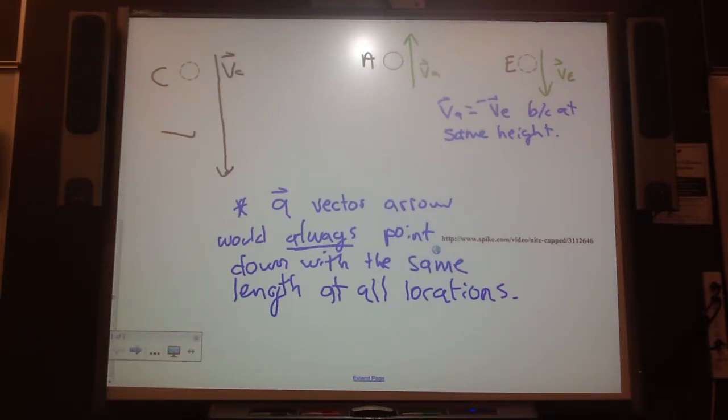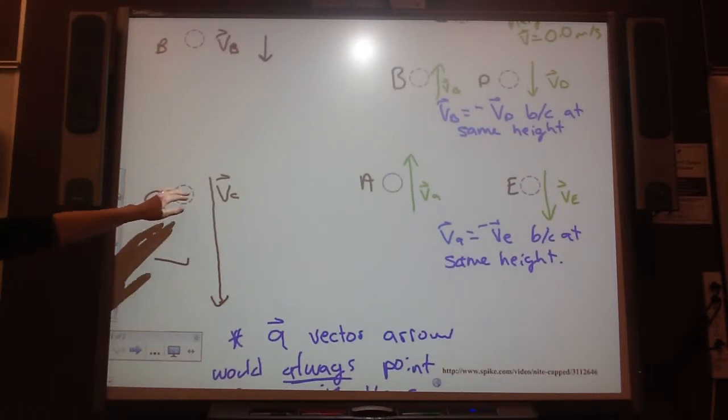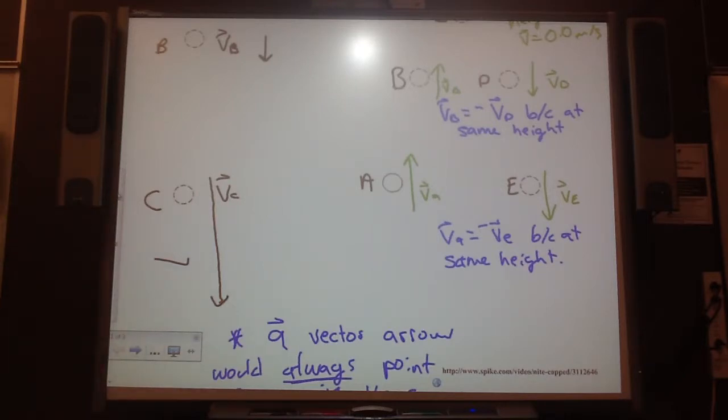Question: why is the VC arrow bigger than VB here? Because this is closer to terminal velocity, and so the velocity is going to be that much faster. So you should be the same kind of like your A and B large arrows.